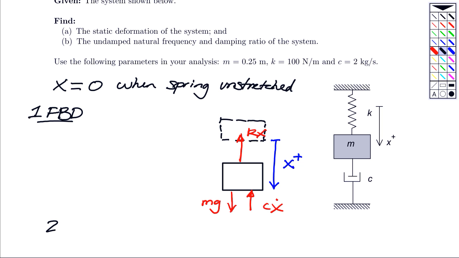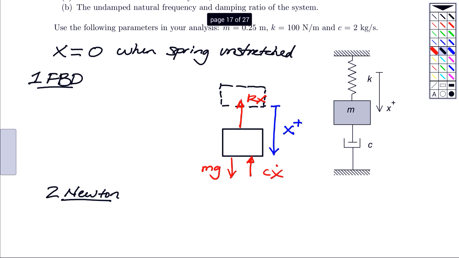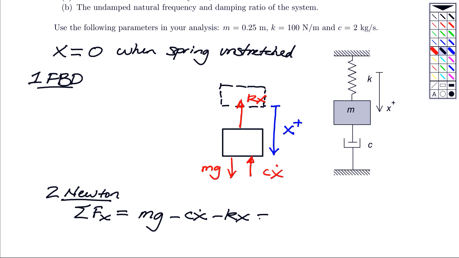So from our Newton equation, if we sum the forces acting on the block in X, keep in mind that X is defined as being positive down, we get mg minus Cx dot minus Kx, and that's equal to ma, where a is equal to X double dot.